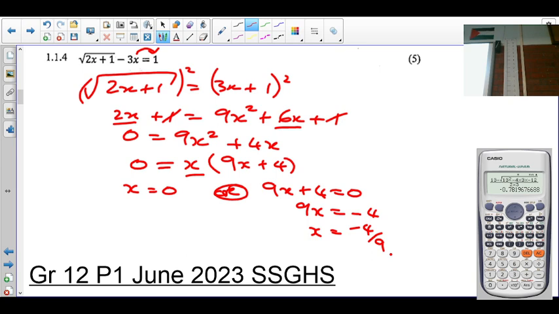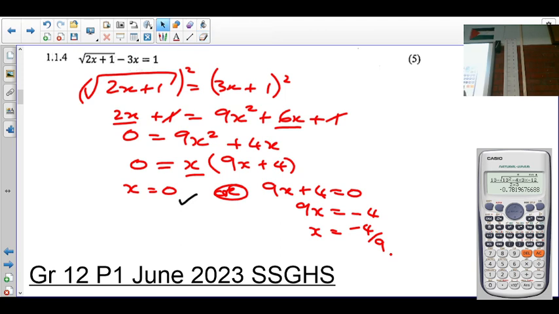And of course we need to check if both work. I put 0 in here. So 2 times 0 is 0, plus 1 is 1. Square root of 1 is 1. And negative 3 times 0 is 0. So 1 minus 0 is 1. So that one works. So what I'm going to do is I need to substitute negative 4 over 9 as well.